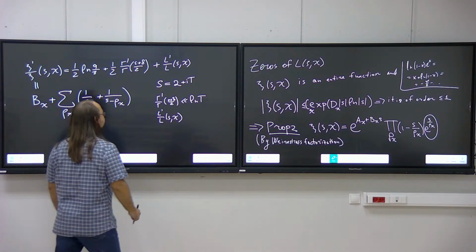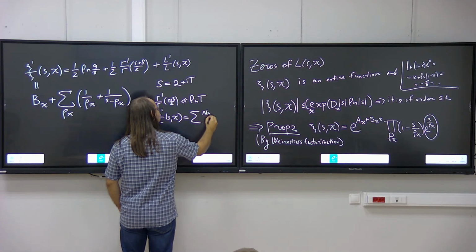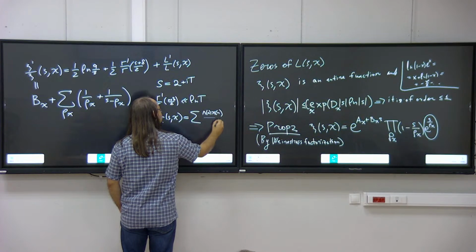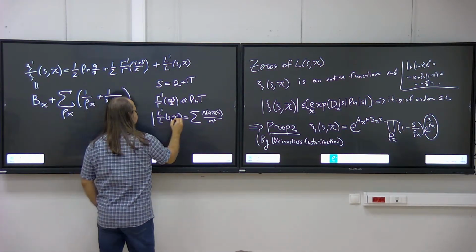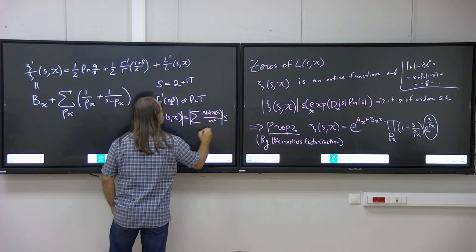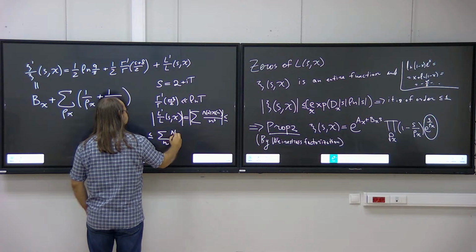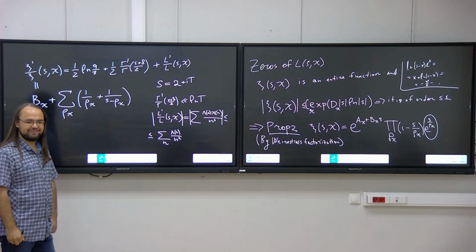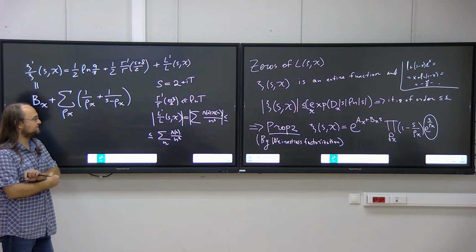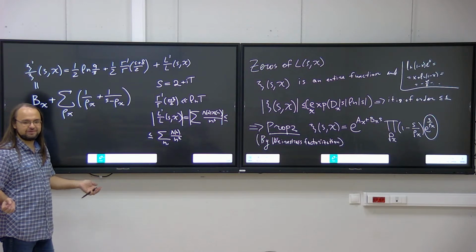So L prime over L of s chi is the sum of lambda of n chi of n over n to the s, and this absolute value is at most the sum over all n of lambda of n divided by n squared, right? This is because s is equal to 2 plus it, and chi is at most 1 in absolute value.